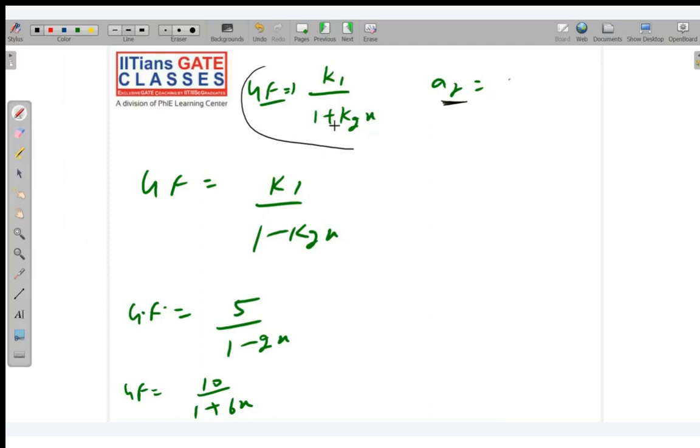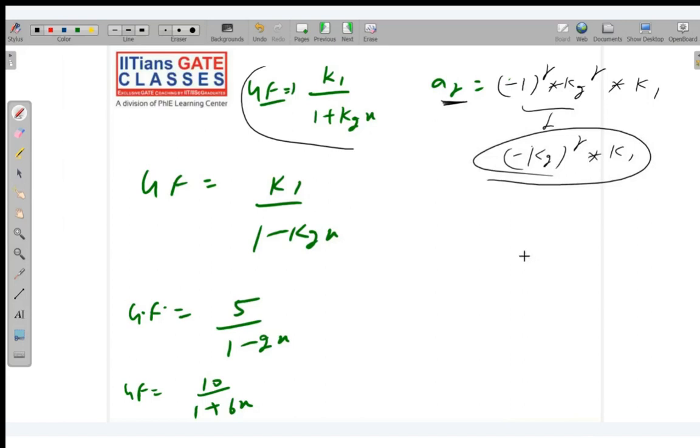But now it is plus, so obviously (minus 1) power r should be there. Otherwise we will not get it. Now since we have k2, k2 power r will be there. And because of k1, I will simply multiply it by k1. So finally we will get (minus k2) power r into k1. This is my answer.